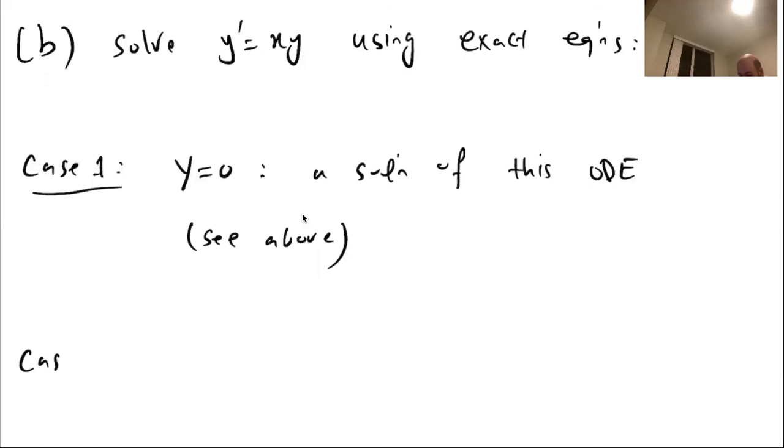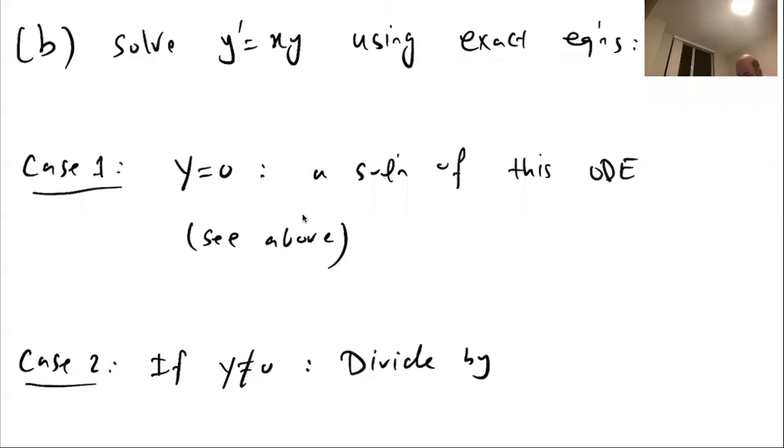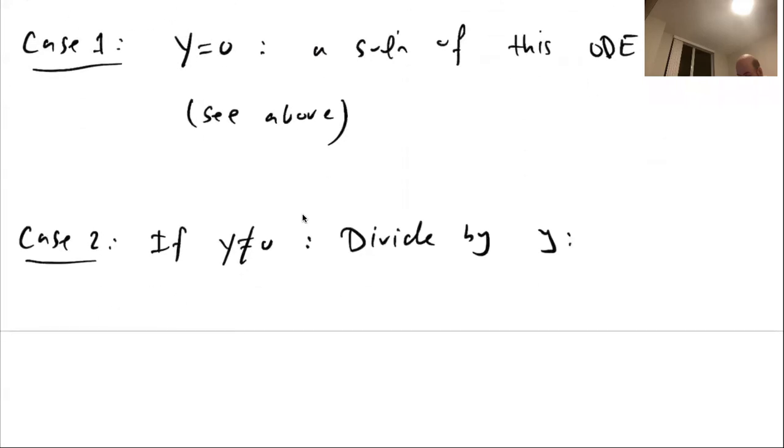And case two, if y is not 0, then we can divide both sides by y. And what do we get? We have dy/dx equals x times y.